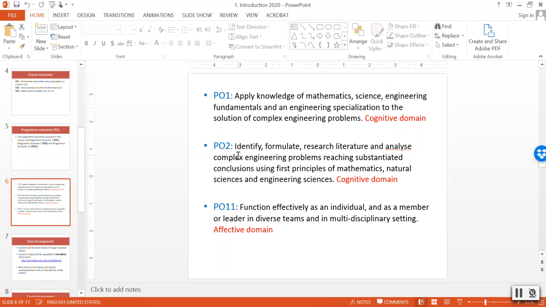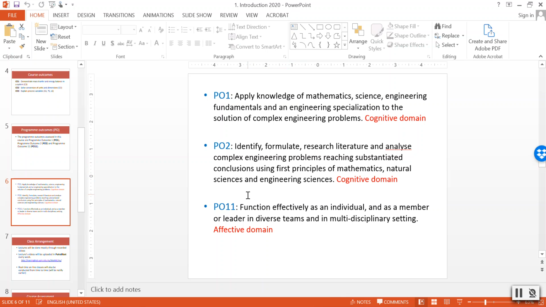Program outcome number 2 is to identify, formulate, research literature and analyze complex engineering problems, reaching substantiated conclusions using the first principles of mathematics, natural sciences and engineering sciences. So it relates to PO1. However, PO2 is an extension of the application of all the principles of mathematics, science and engineering in order to solve complex engineering problems.